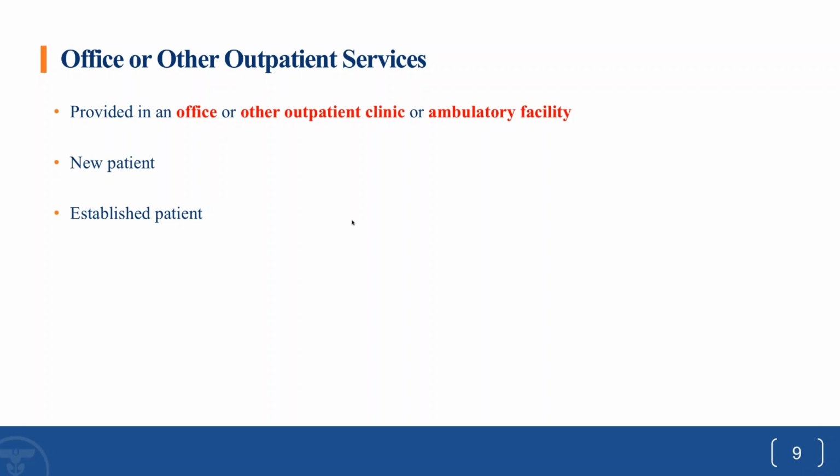The place of service needs to be an office, other outpatient clinic, or ambulatory facility, like an ASC. That's place of service 24. Remember, your place of service codes are on the first page in your CPT book. You need to make sure you remember where those are, depending on the location and whether the patient is new or established for your office visits.